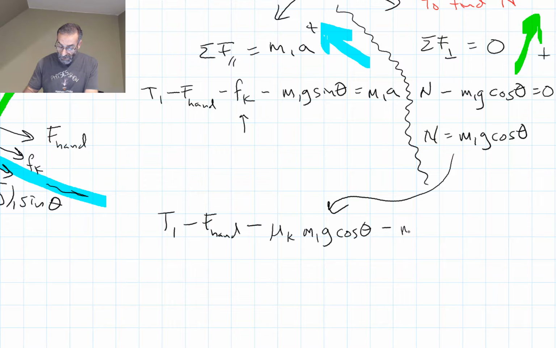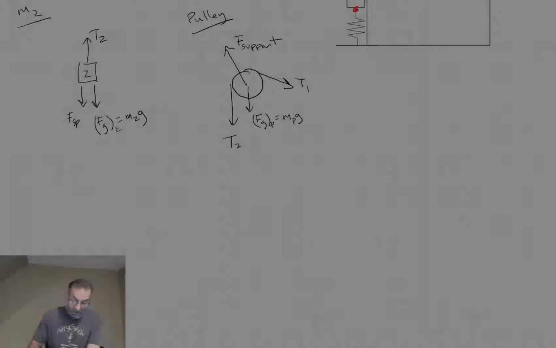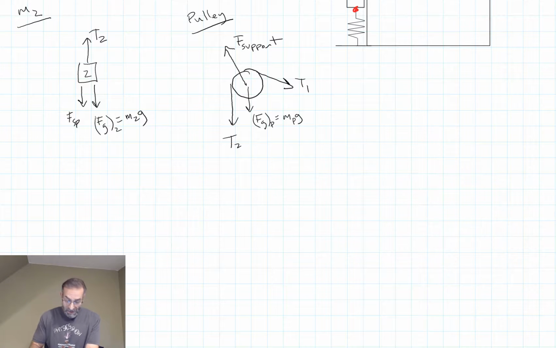And then I've got the weight in that direction, m1 times its acceleration. So that's one equation, but I've got 2 unknowns. I've got acceleration and T1. I need another equation. So I go to m2, and I say for m2, sum of the forces has to be its mass times its acceleration.